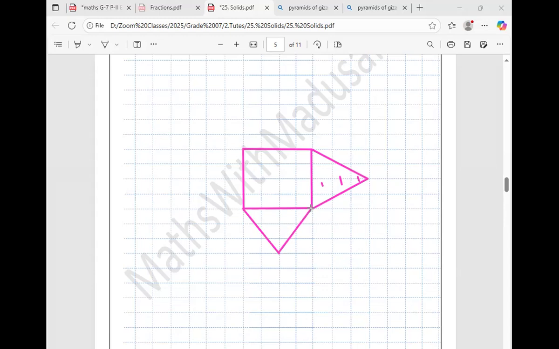Because these triangular shapes should be equal, for this side as well, 1, 2, 3. In your book, you can draw this perfectly, yeah? And this side 1, 2, 3. So the vertex is here. Look at the screen now. So this is my net of the square pyramid, so that I can use this to construct a square pyramid.